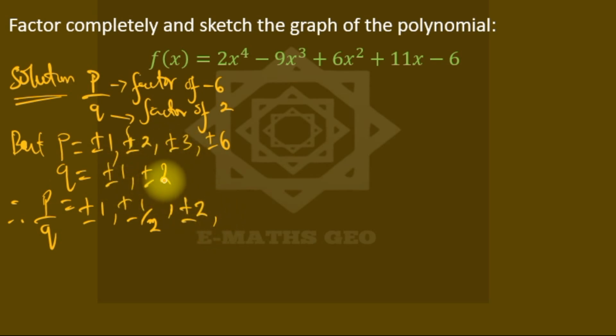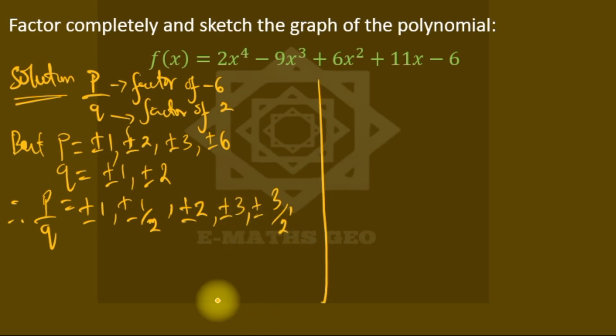Then 3 divides this and this, I have plus or minus 3 and plus or minus 3 over 2. Then 6 divides this and this, I have plus or minus 6 and plus or minus 3, so we just write plus or minus 6 because we have 3 already.